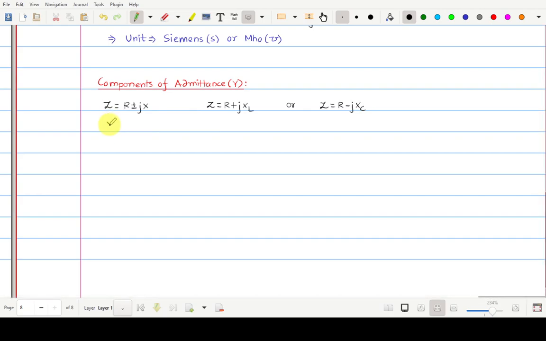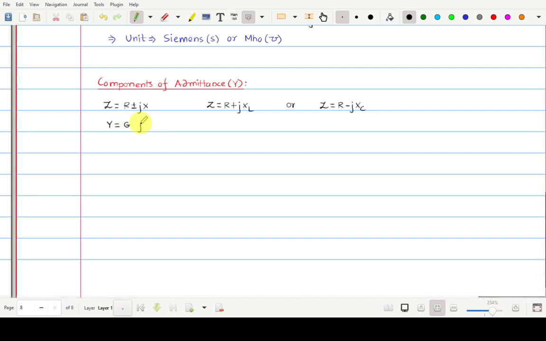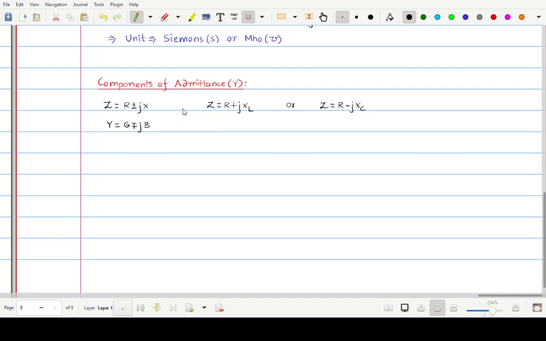Okay. So now we are comparing Z with admittance. We can also write the formula for admittance. Now it is made up of two parts, conductance, okay, and susceptance. But now here your sign will get reversed. So your admittance is a combination of conductance and susceptance. Okay, so susceptance may be inductive or capacitive, so we will get two conditions.